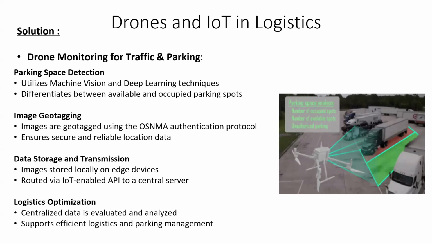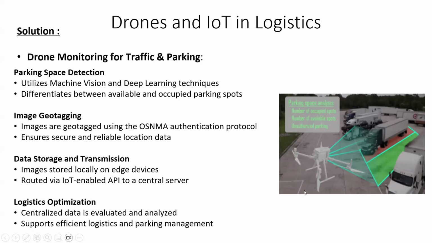The images are geotagged, of course, as we said before, using the OSNMA protocol, and then are stored on a local device or on a ground station, and subsequently routed through an IoT-enabled API to a central server. And finally, this data is evaluated and analyzed to optimize the logistic management.